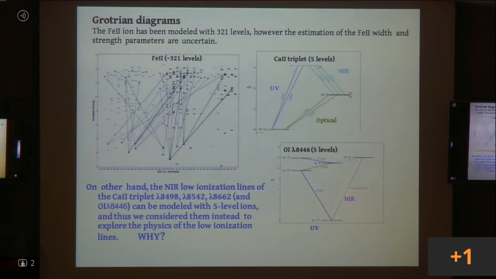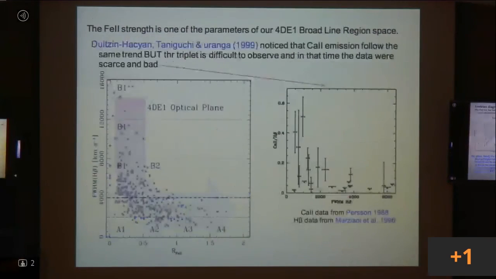So what is the relation? What does it have to do with iron 2? Well, I will show you. Point is that a long, long time ago, first of all, let me say again that the iron 2 strength is one of the parameters of our 4-dimensional eigenvector 1 space for broad lines.